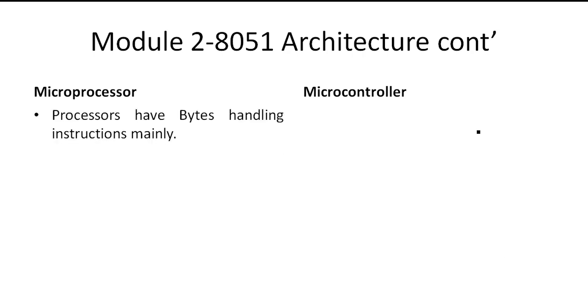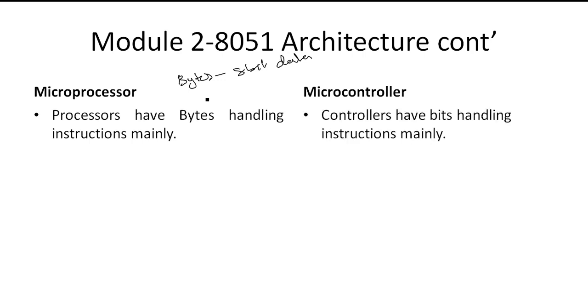Processors have byte handling instructions mainly. What is a byte? A byte means 8-bit data. Another point is nibble, which is 4-bit data. Anyway, in microprocessors, most of the instruction sets are byte handling instructions, while in microcontrollers they have a bit level operating instruction set.